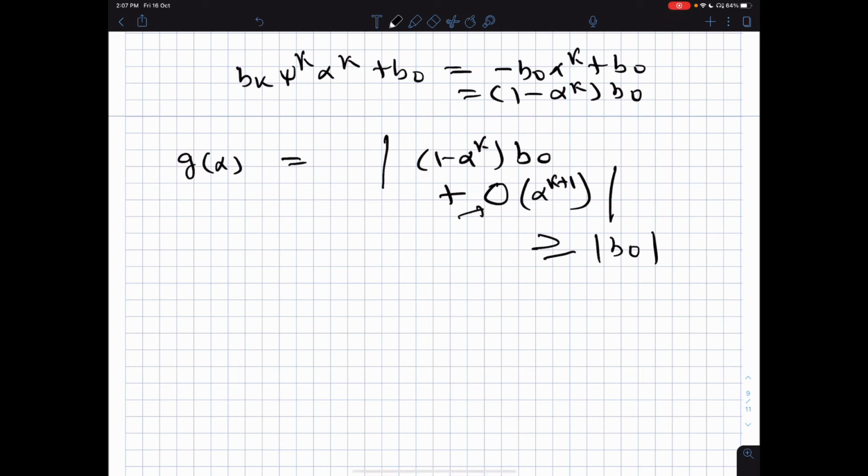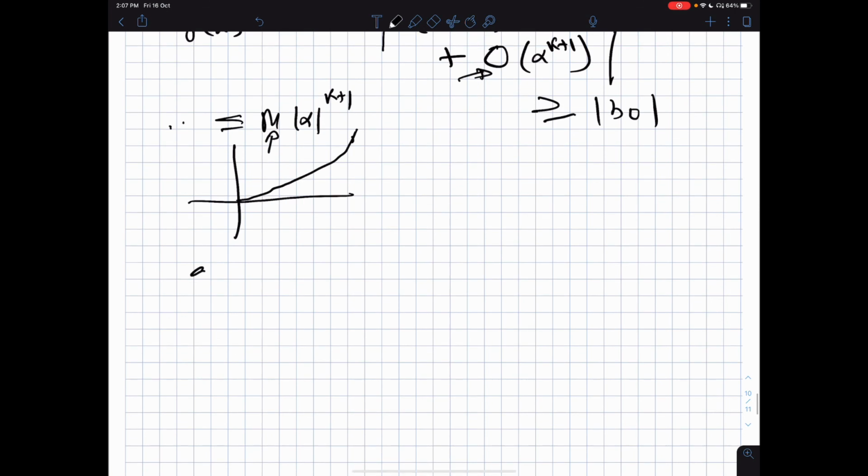And this is the big O notation I have shown you here, which actually means that whatever this value is, it is less than or equal to some M times alpha to the power k plus 1, where M is a big M I had explained to you earlier. So it will go to 0 at a rate of k plus 1 or higher.